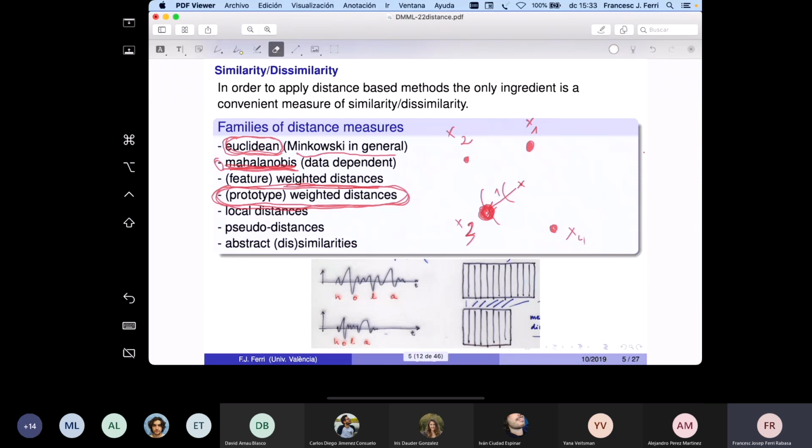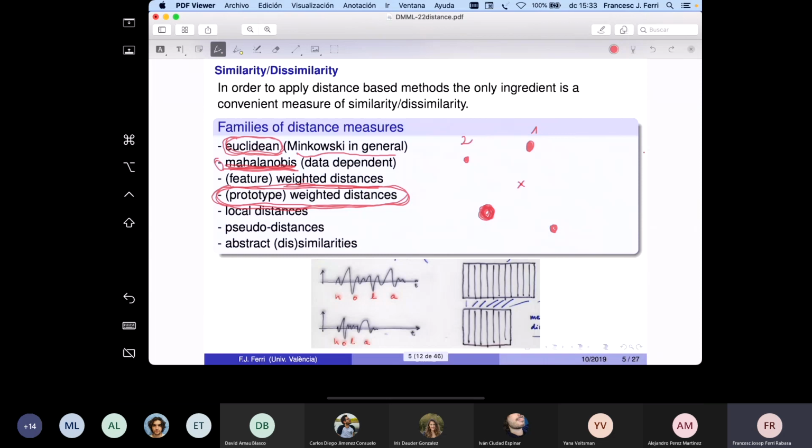When I measure the distance to prototype 1, because the weight is smaller, this is a distance 2. So I selectively use different distances when measuring distances from different points. In fact, I should have plotted it the other way around.